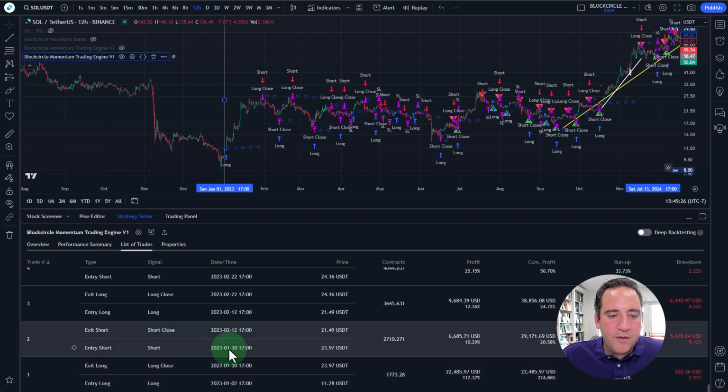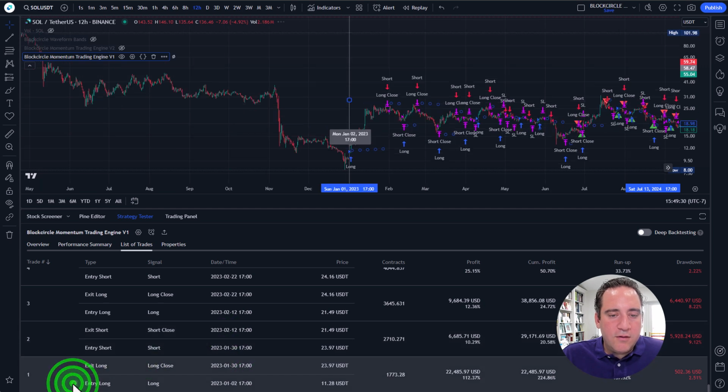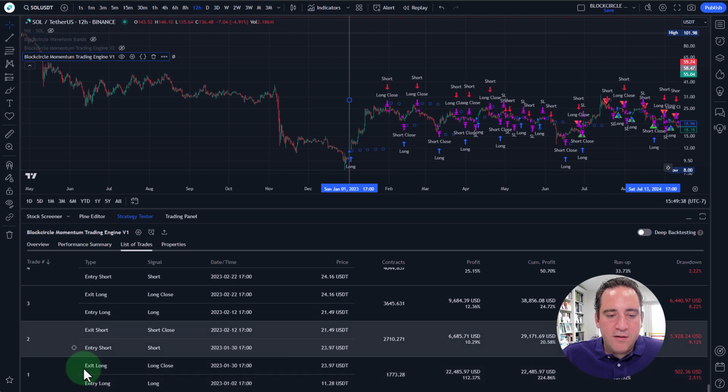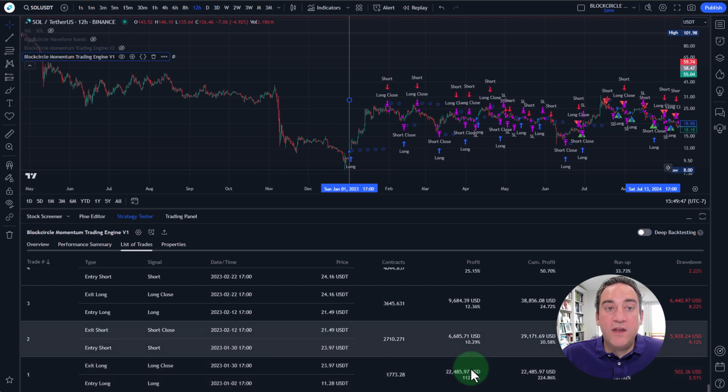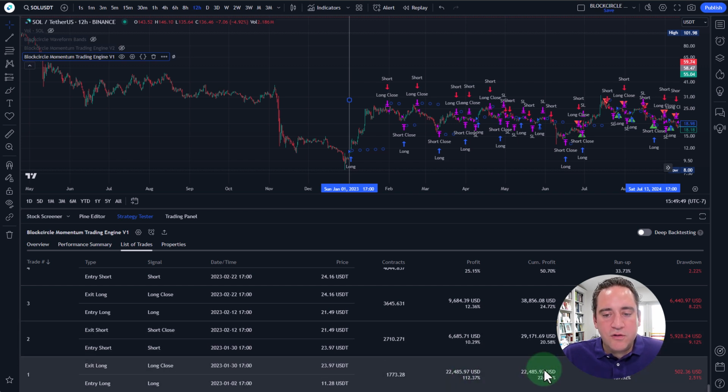If you click this little button, it will take you right to the trade, and it tells you an entry long. It opened the long on January 2nd for $11.28, and then it closed the long 28 days afterwards for $23, and that secured 112% with no leverage. With leverage, it secured 224%.